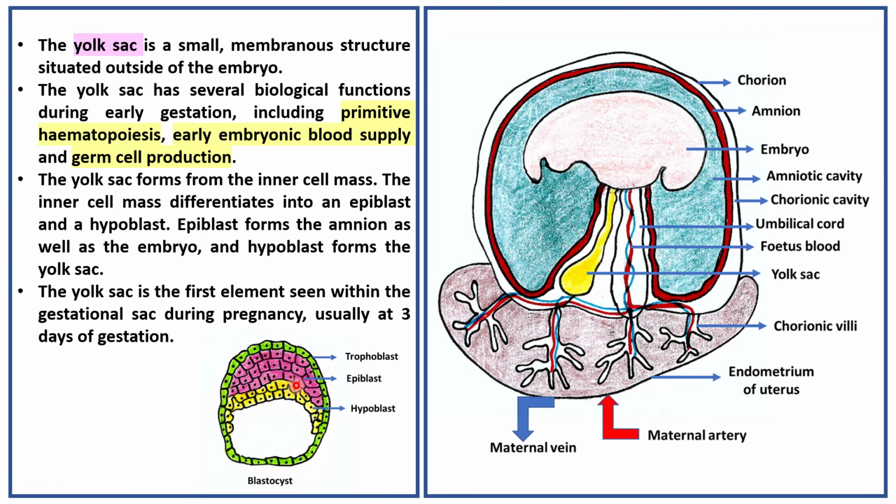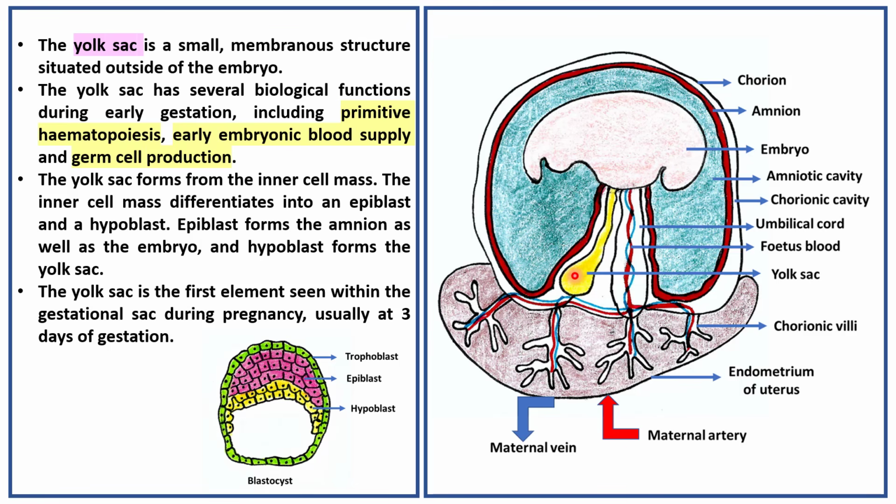The inner cell mass differentiates into an epiblast and a hypoblast. This epiblast forms the amnion as well as the embryo, and the hypoblast forms the yolk sac.